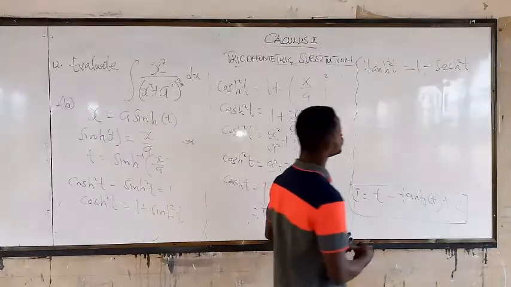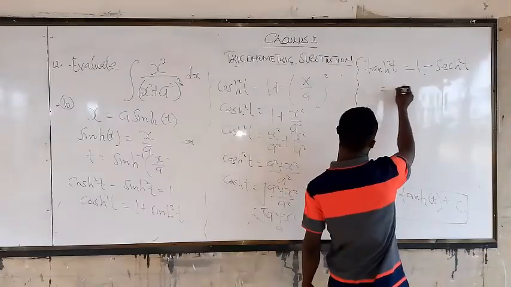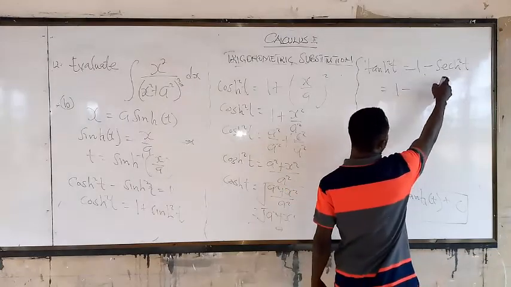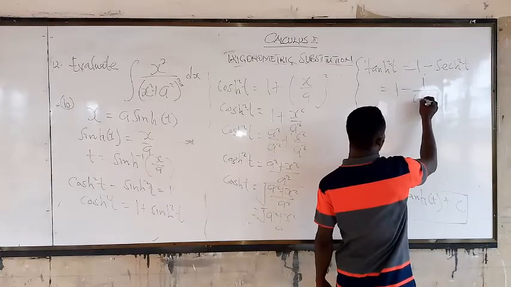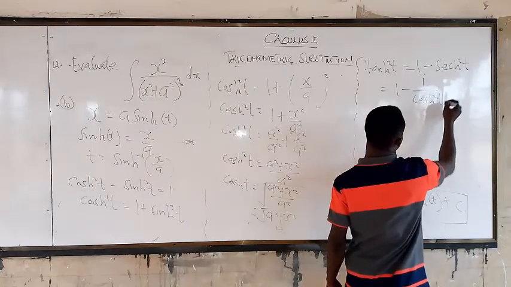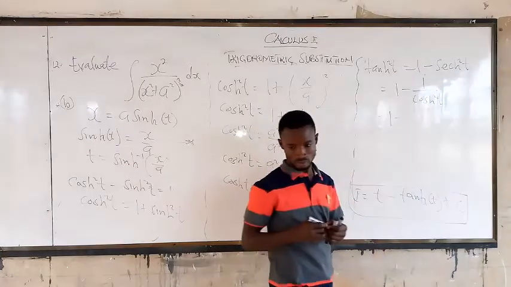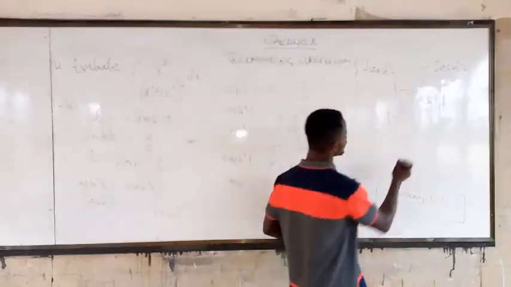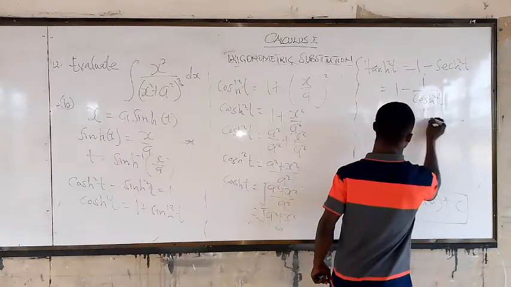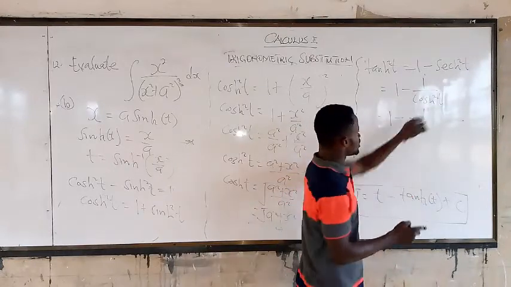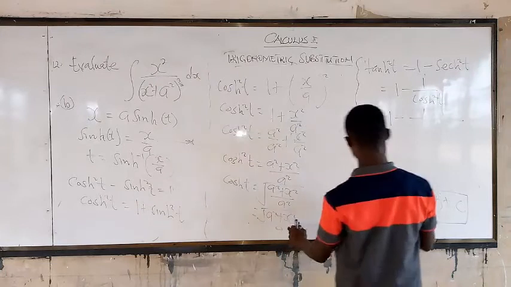Okay, so from here, we know that this is the same as 1 minus 1 over cos square t. Therefore, 1 minus 1 over cos square, which is this.